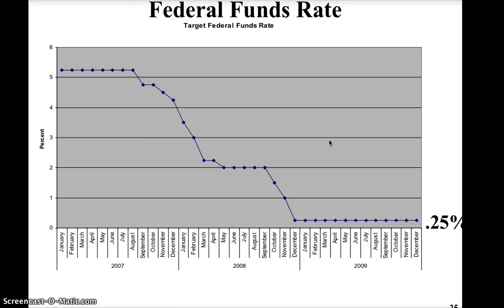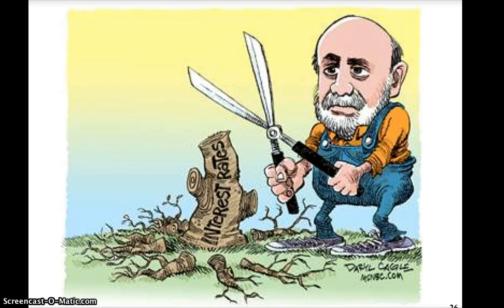During the Great Recession, which we'll be talking about in depth later on, you can see that the federal funds rate went almost effectively to zero, which meant that banks could borrow from other banks for effectively free. Okay, and we'll talk about why the federal government attempted to create that policy. So there's Ben Bernanke cutting interest rates during the Great Recession.